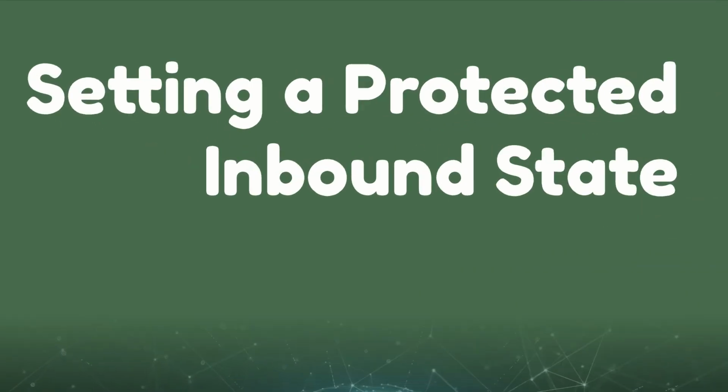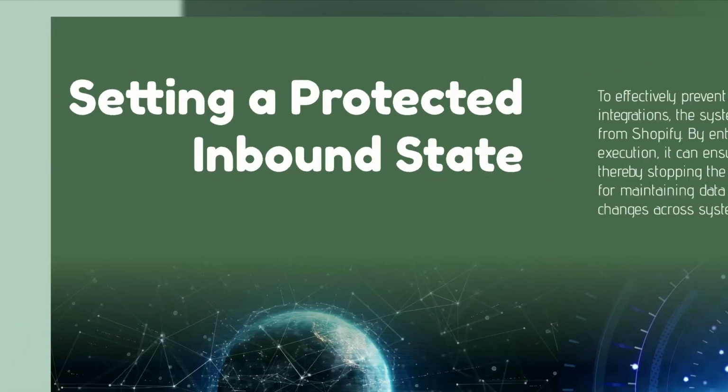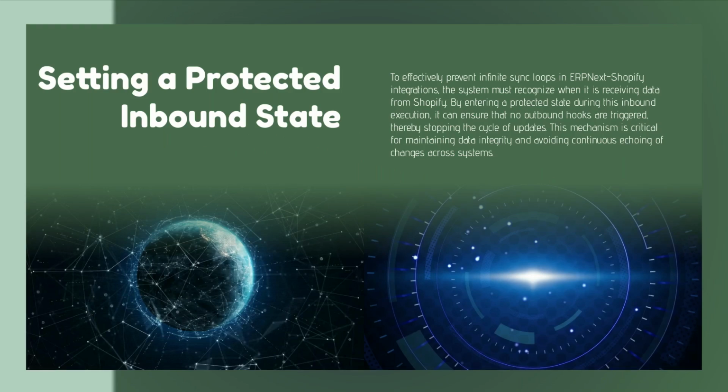So how do we then protect these things? There is something we call a protected inbound state. A protected inbound state is a scenario where you have a state that tells the system which system is receiving the data. For example, when you update Shopify, ERPNext is supposed to know that it is receiving the data.